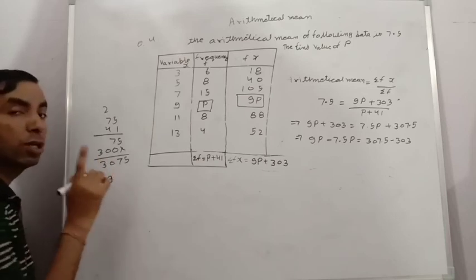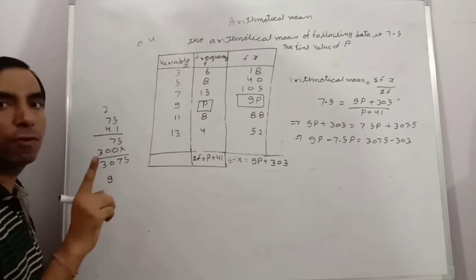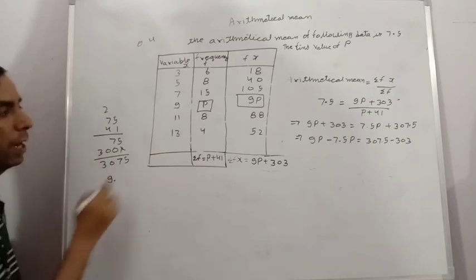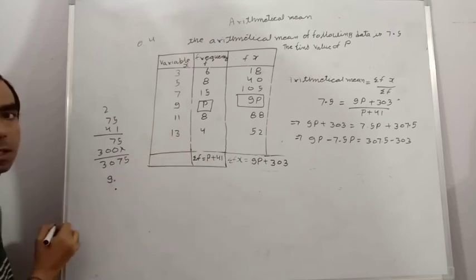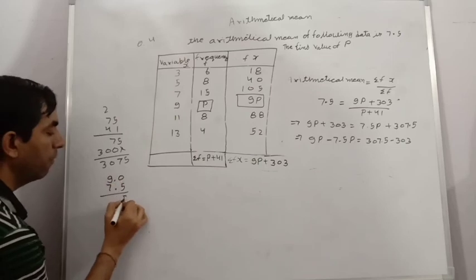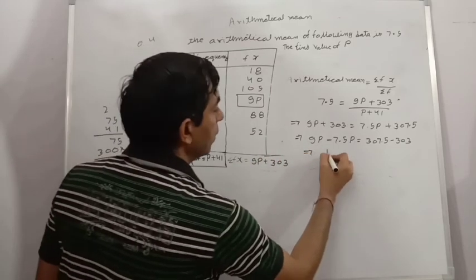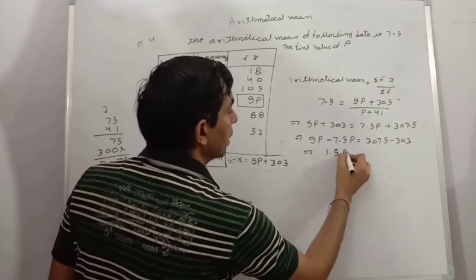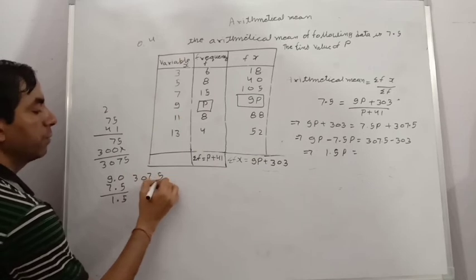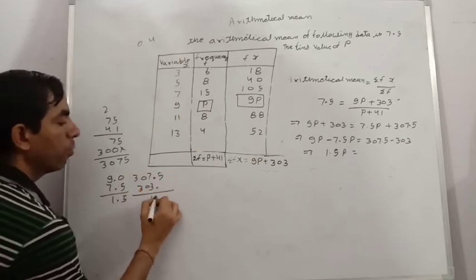Some students make mistakes in this subtraction, so always do subtraction carefully. 9.0 minus 7.5, with decimals in the same line, we get 1.5p. For 307.5 minus 303, we get 4.5.